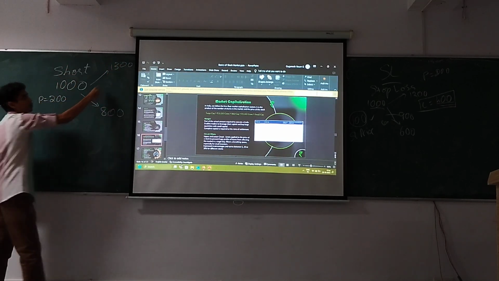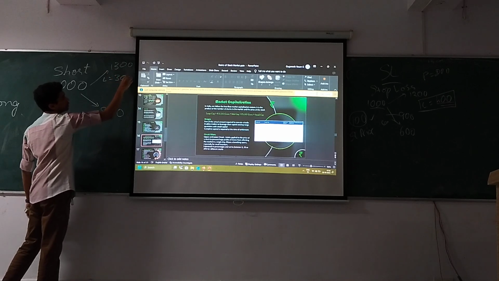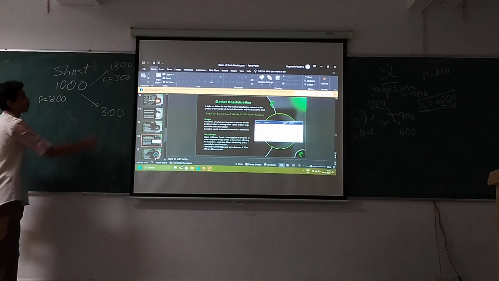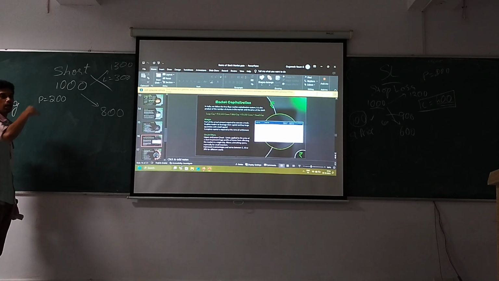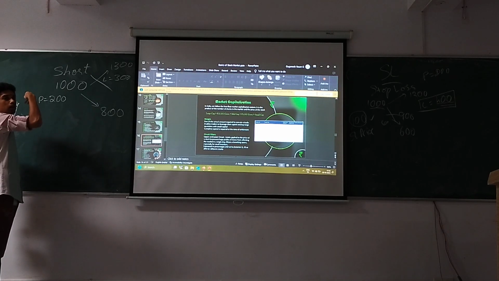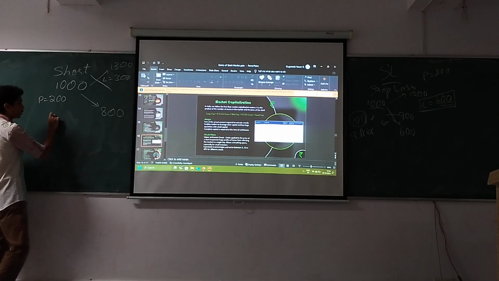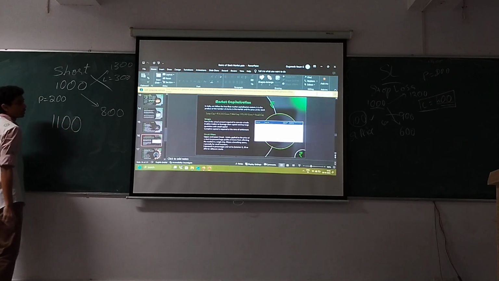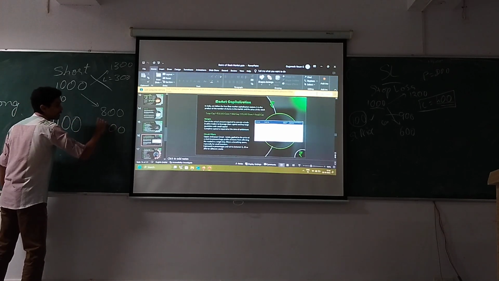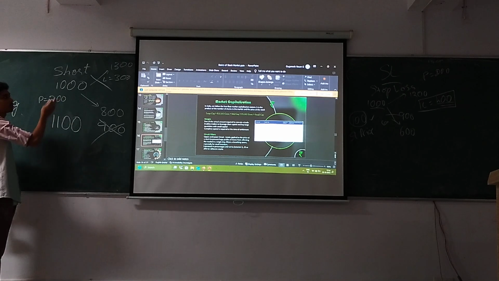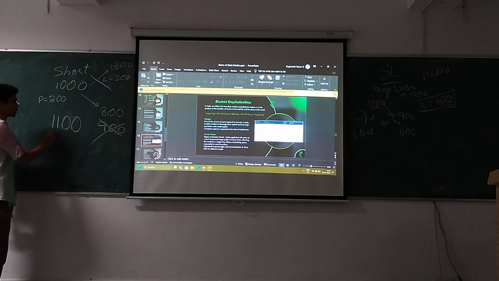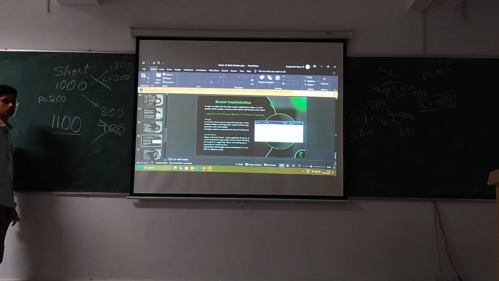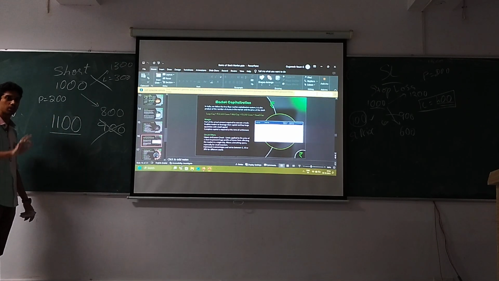When it goes up, you are making a loss of 300 rupees. But your maximum loss is again 100 rupees. So your stop loss will be 100 rupees added on the loss side. So your stop loss price is going to be 1,100 and not 900, because your loss is on the upside. So you set the stop loss at 1,100. It applies both for buying and selling. Stop loss you can set for anything.